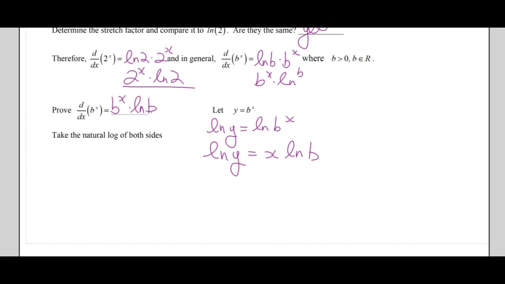You can't divide out a ln, that'd be like dividing out a square root. Okay, where are we? What's y equal to? Oh, okay, so here's what we're going to do.